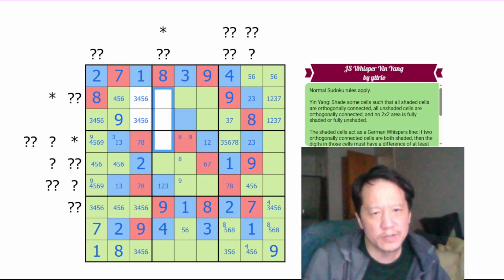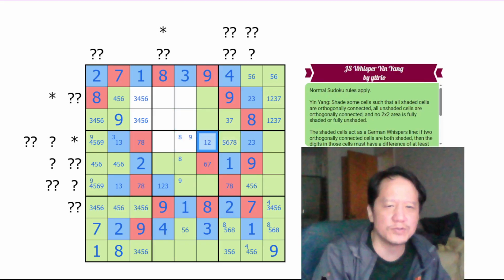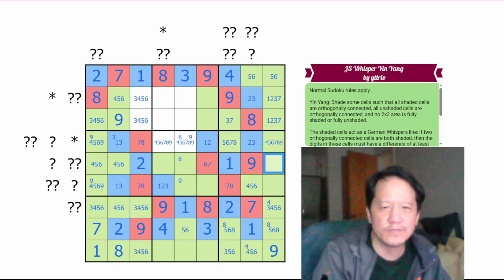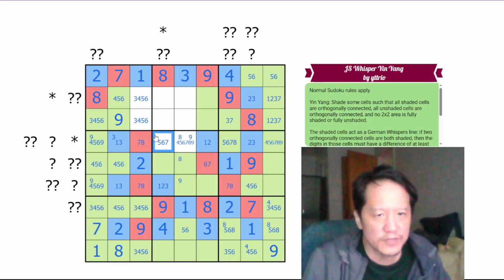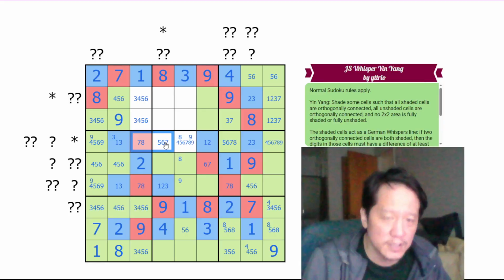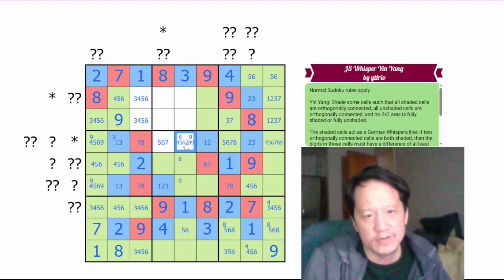Also, okay, hold up. So let's not do that yet. This can't be 3 because of the 1, 2, 3 triplet in the row. What are the remaining digits? We have 4 through 9. No 4, 8, or 9 here. So this cannot be connected to here. Because if it were connected to this, this is not going to be 5 away from that.